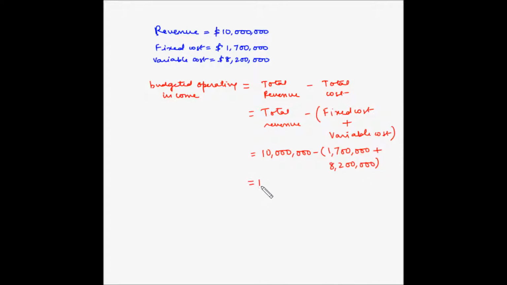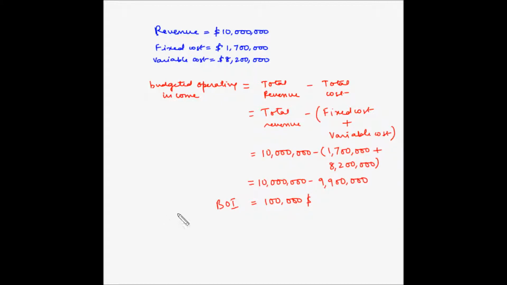So this is equal to 10 million minus, let's add these two, so the total is 9.9 million, and this is equal to $100,000. So the budgeted operating income with these figures is $100,000.